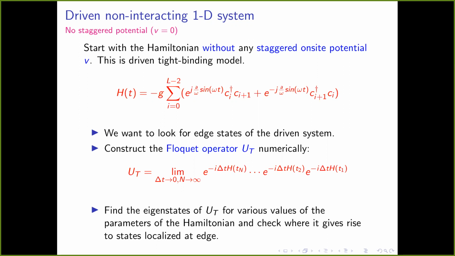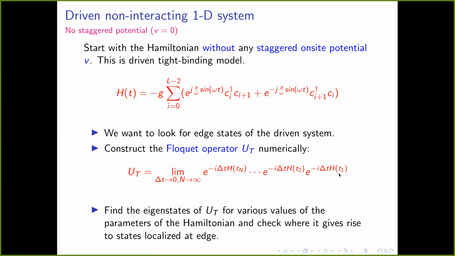So we construct the Floquet operator like this. I have done it numerically. You divide the whole time interval 0 to capital T into n slices, so T1 is the former time, Tn is the later time, and the time ordering symbol basically means this.